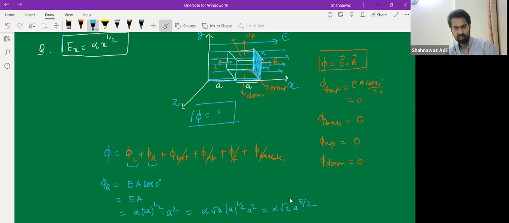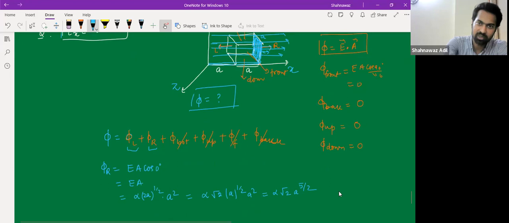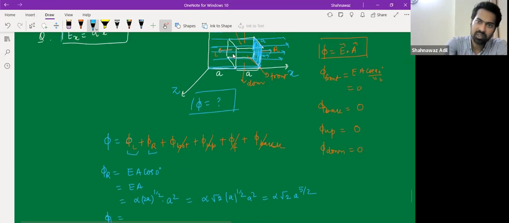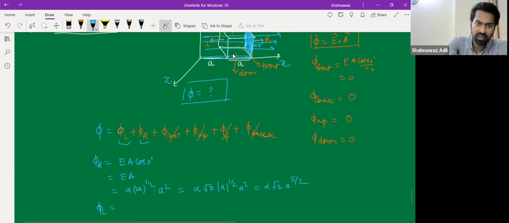And what would be phi left? So Saad will tell. What would be phi left? What is the angle between the surface? 180. Yes, correct.